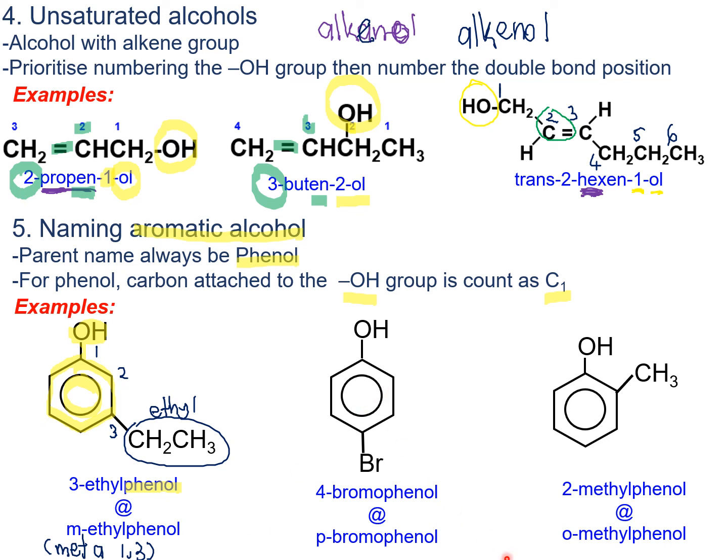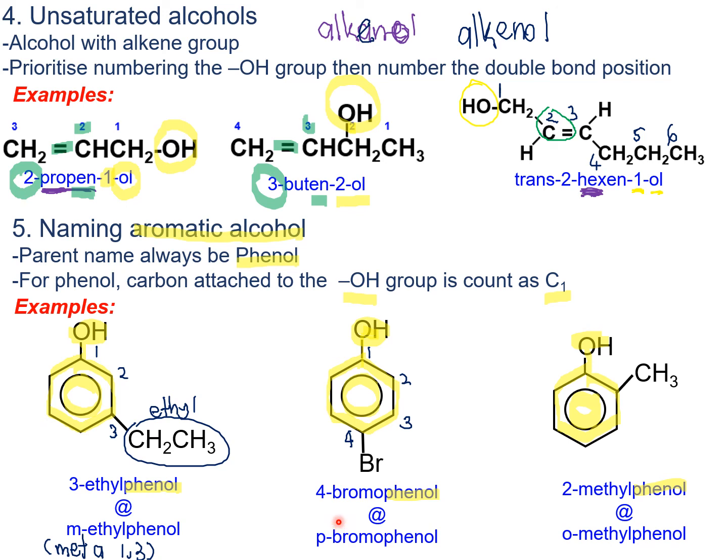Alright, next. Okay, for this one, okay, benzene ring ni, you jumpa je benzene ring yang ada OH directly attached to it. Nama parent tu must be phenol. Macam ni pun, benzene ring yang directly attached to it must be phenol. Okay, so if you look at this benzene ring, you can see that this is carbon number 1, 2, 3, 4.